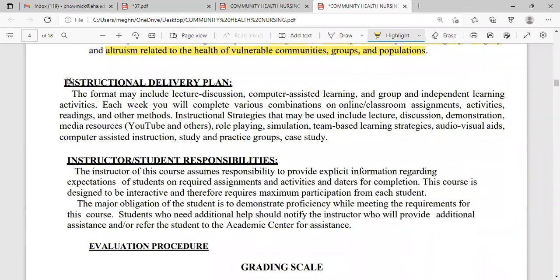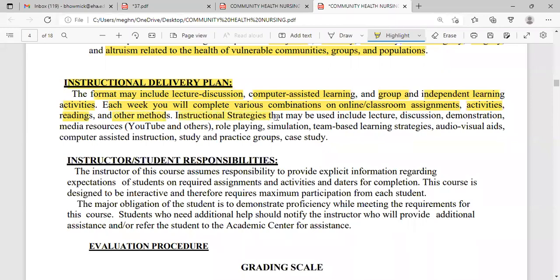So, instructional delivery plan. So the format may include lecture, discussion, computer-assisted learning, group and individual learning activities. Each week you will complete various combinations of online and classroom assignments, activities, reading, and other methods.